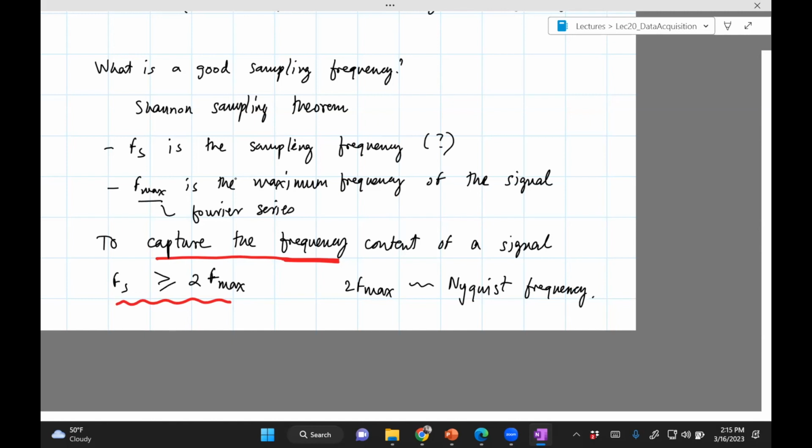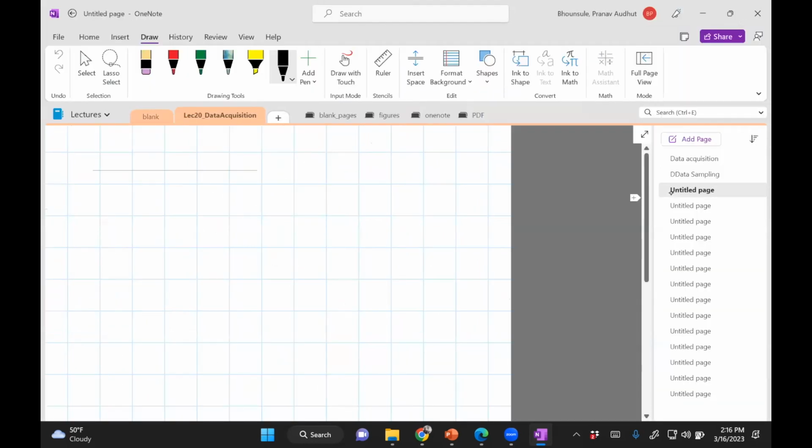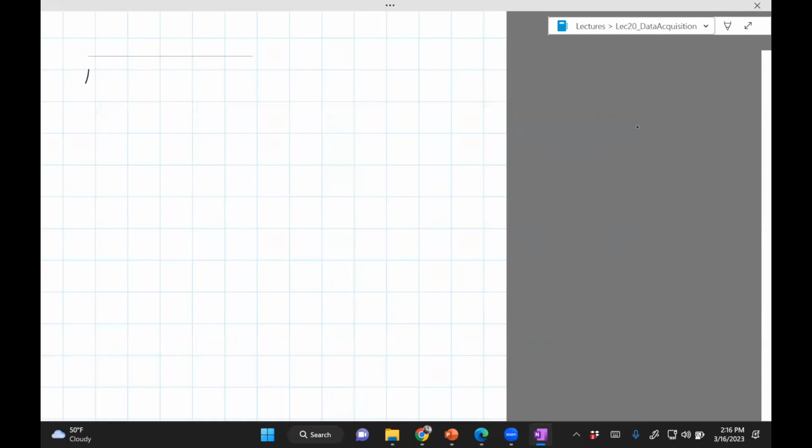Next I'm going to illustrate how sampling at twice the natural frequency, twice the maximum frequency, gives you the frequency content of a signal by showing you an example. So here, this example illustrates Shannon sampling theorem.